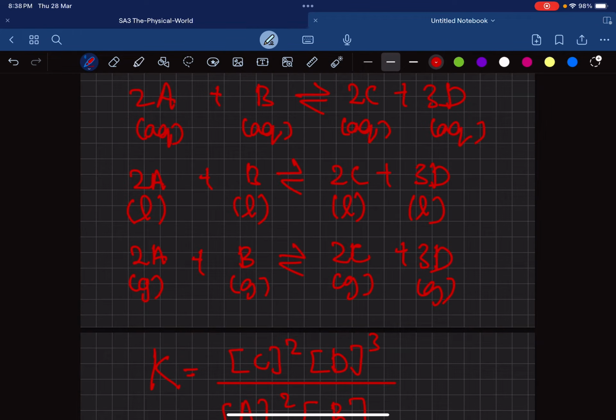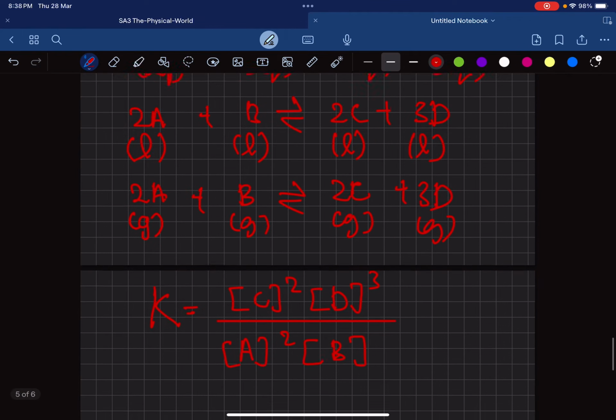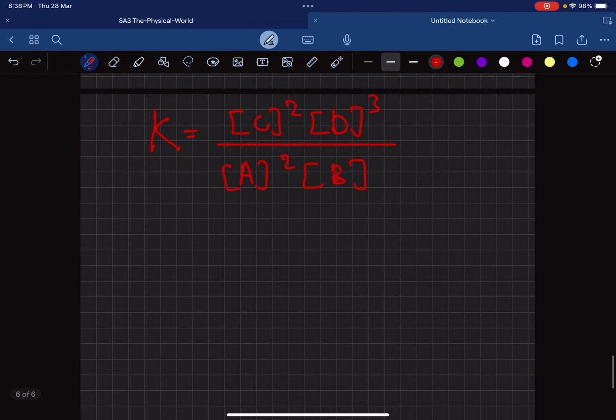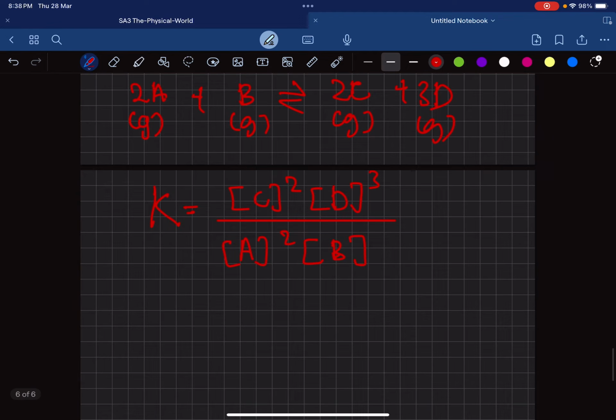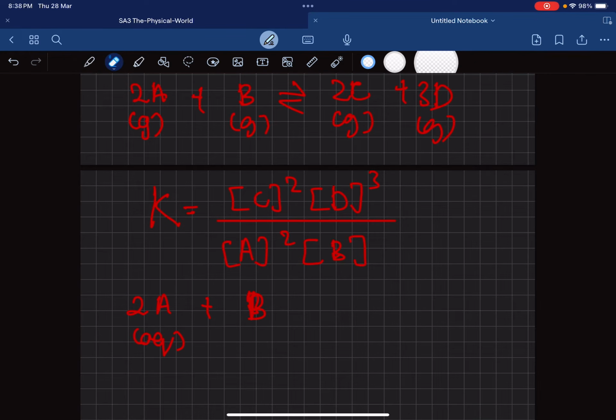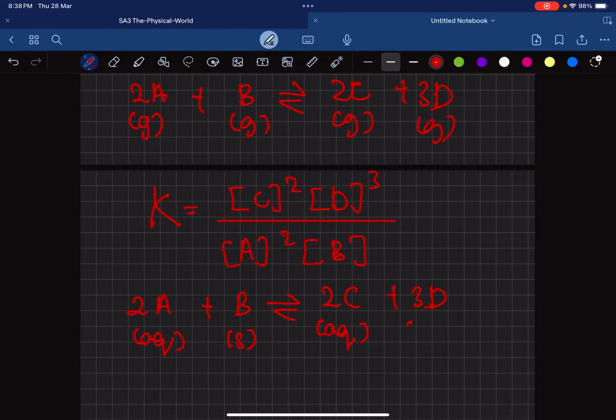Because they're all homogeneous equilibrium. If there was such a thing, let's say there was 2a, and let's make it simple, 2a aqueous, and let's say this was b, but this was solid. And then this is 2c aqueous, and this is 3d aqueous.